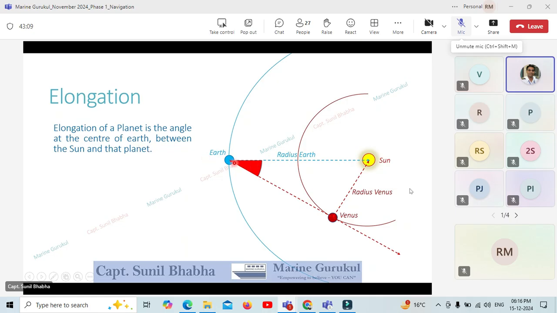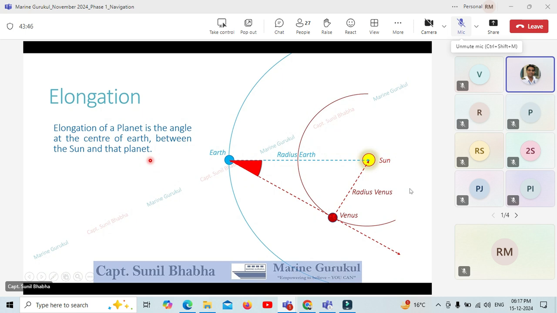You see this red angle is being made at the center of the Earth between the Sun and the planet. So from the center of the Earth, a line joining the center of the Sun and a line joining the center of Venus, the angle between those two lines is the elongation. So the angle at the center of the Earth contained between the Sun and that particular planet is known as the elongation of that particular planet.